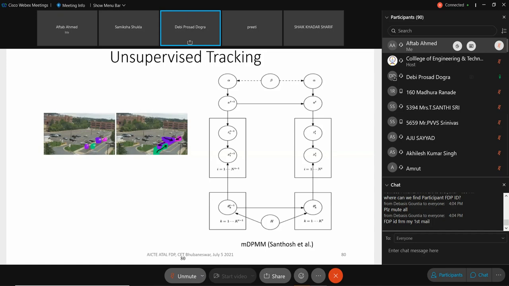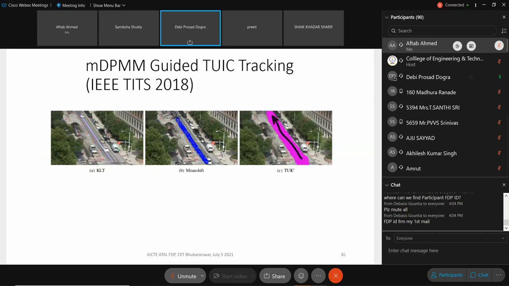Initially you apply optical flow, and then you get the response of the optical flow filter, and you try to group the pixels which have a response above a certain optical flow threshold, and then you group them. So with the probabilistic model, he was able to track pretty well.